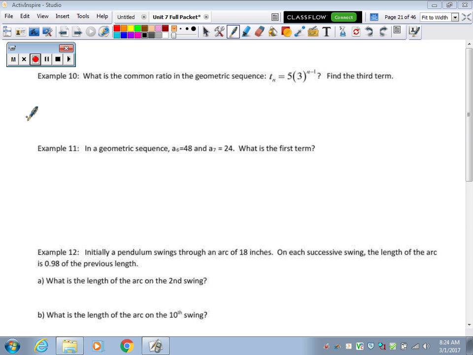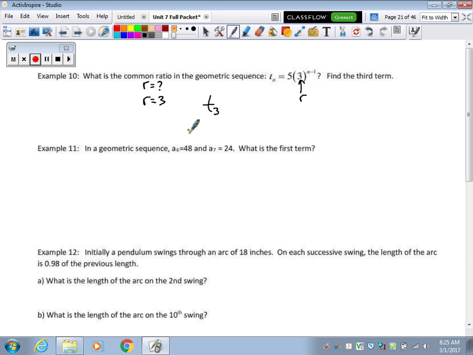Another example. What is the common ratio? So you're trying to find R. So if you're given the equation, this right here is the R. Okay, so the R is 3. Find the third term. So I noticed in this one, it doesn't always have to be an A. So this one they changed the variable to T, term.